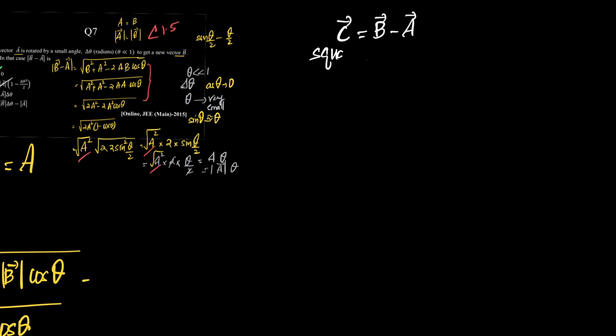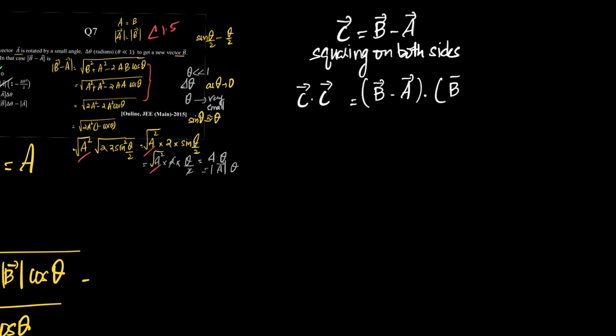Now what I'll do is I'll take dot product on both sides. So squaring on both sides, what do I get? Vector c dot vector c is equal to vector b minus vector a dot vector b minus vector a.